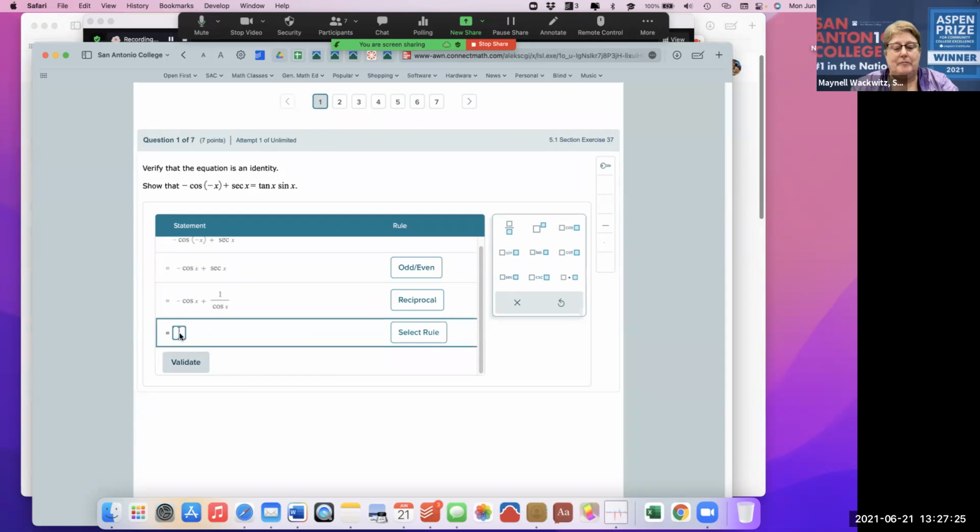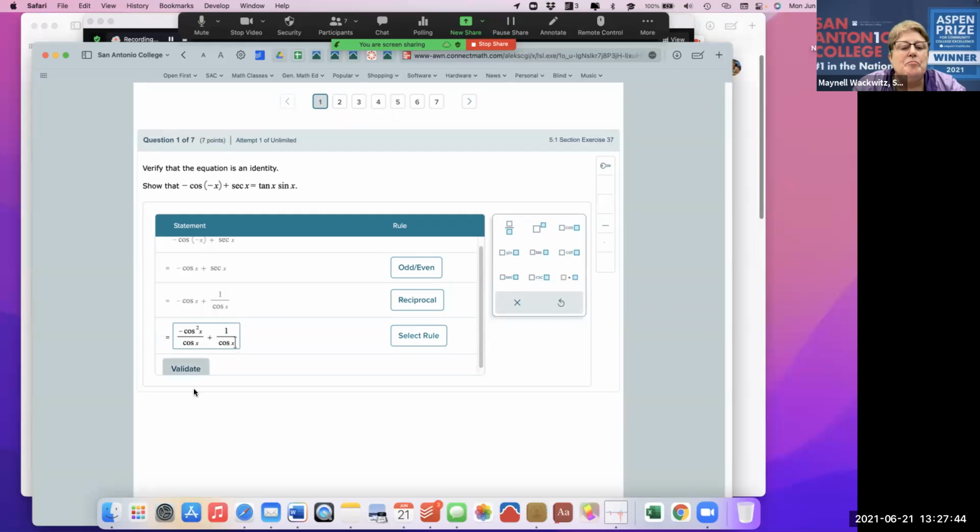Common denominator. Good. So I've got negative cosine squared x over cosine x plus 1 over cosine x.